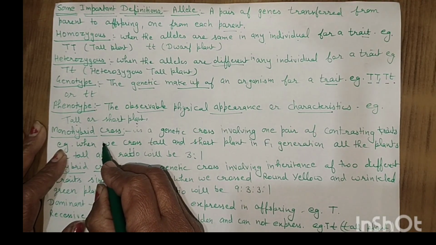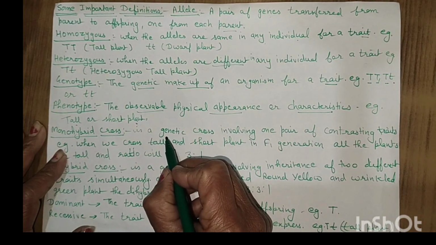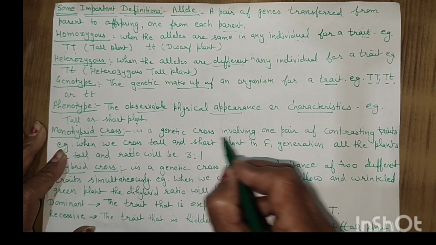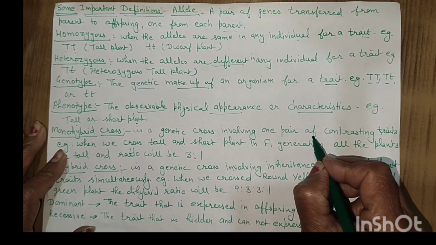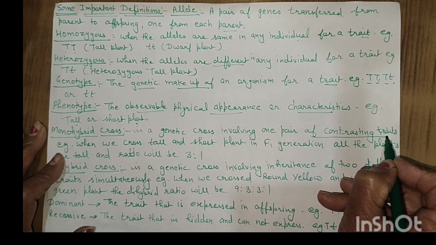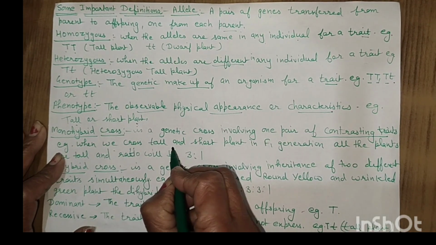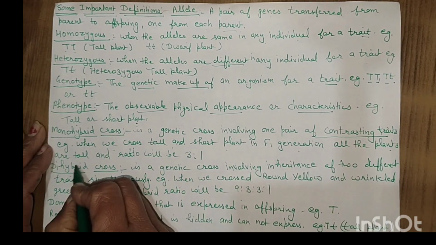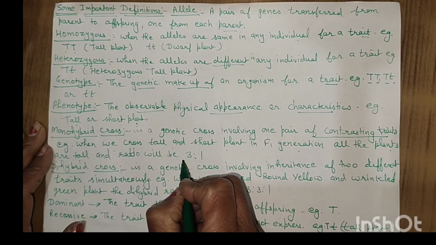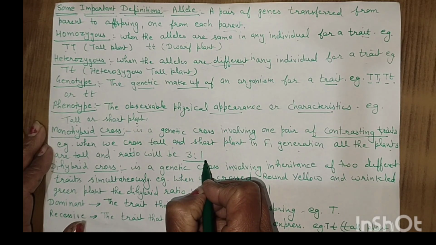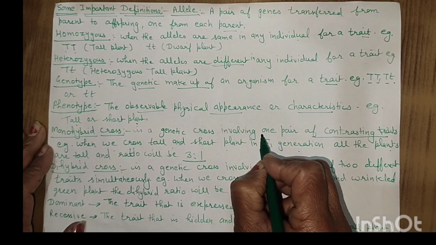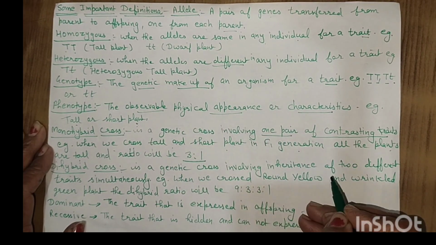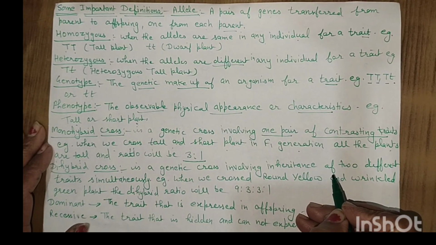Now monohybrid cross. Monohybrid cross is the genetic cross involving one pair of contrasting traits. Example, when we cross a tall and a short plant, in the F1 generation all the plants are tall and the F2 ratio will be 3:1, in which only one pair of contrasting characters is involved.